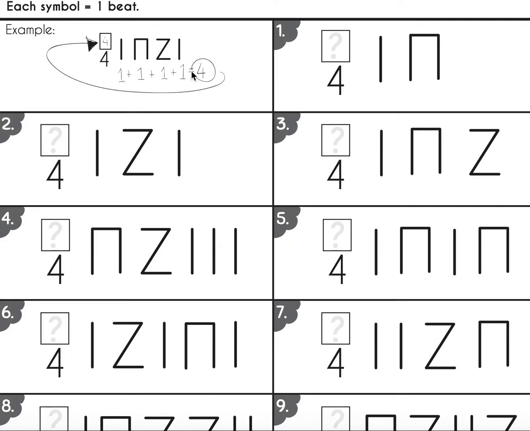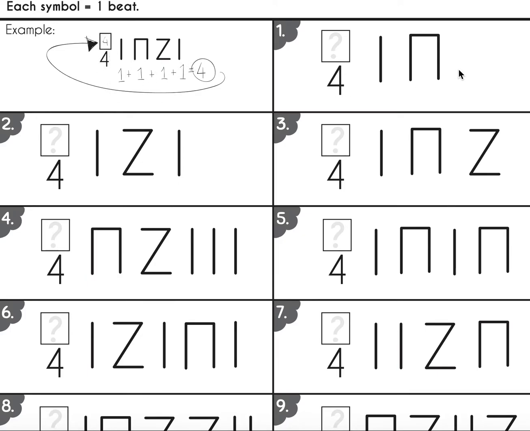Here we have an example where we have a quarter note, which equals 1, a beamed eighth, which also equals 1, a quarter rest, which also equals 1 beat, and a quarter note again, which also equals 1 beat. So I have 1 plus 1 plus 1 plus 1. That brings me to 4. So I'm going to put that 4 in the top here.